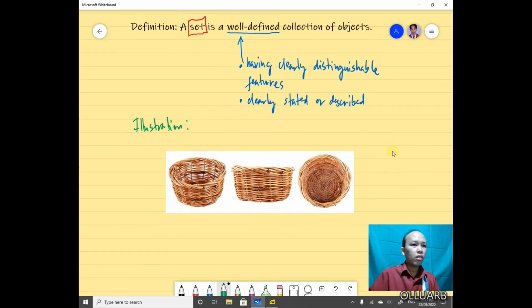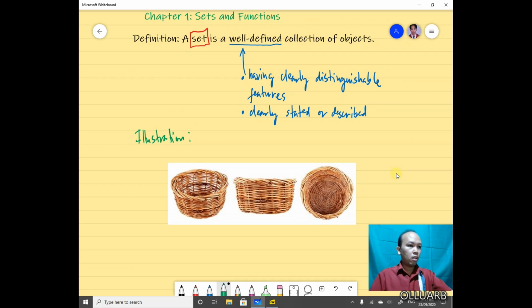Let's have a basket here, and we will denote this first basket as basket A. This one is basket B, and the last one is basket C.